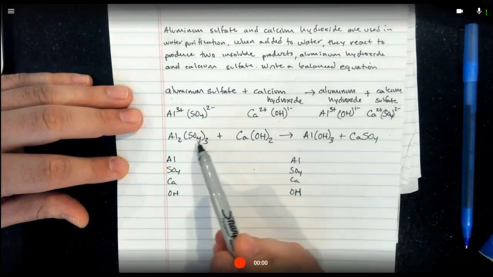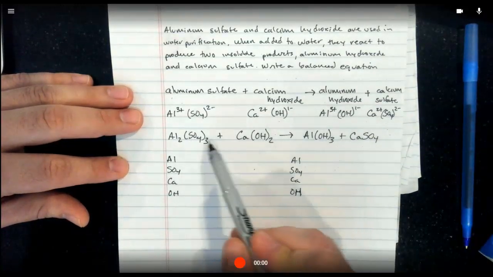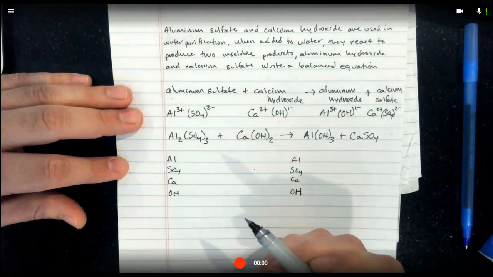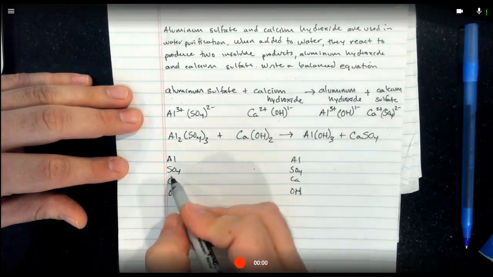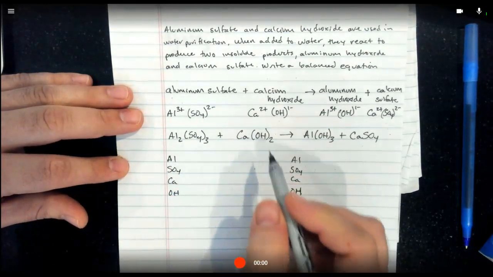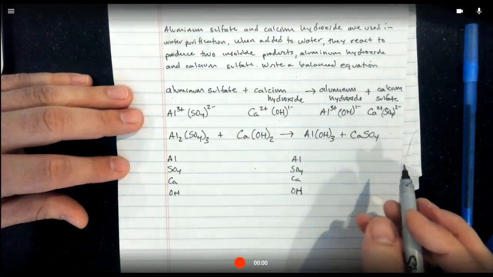I did because they appear on both sides of the equation as a polyatomic. Keeping them together can sometimes make it a little bit easier instead of breaking up and adding up the oxygens here and the oxygens here. I like to keep the polyatomics together when I can.